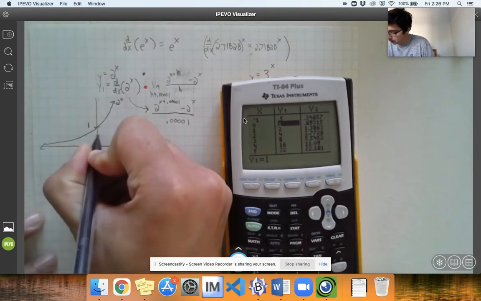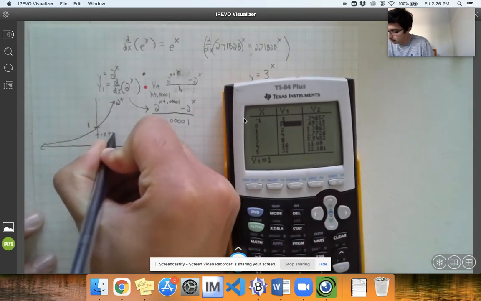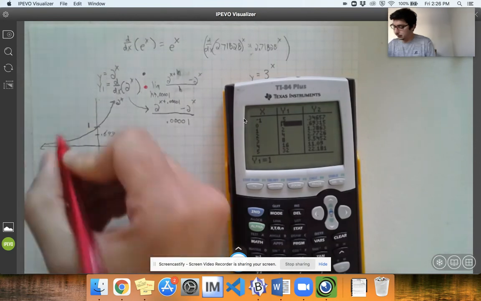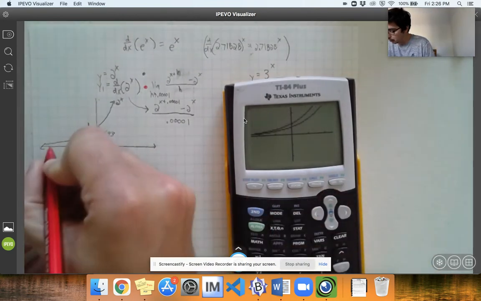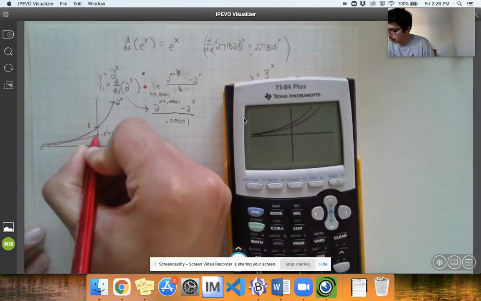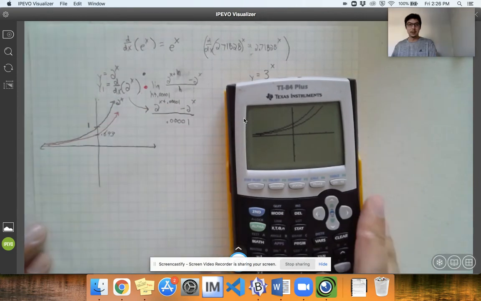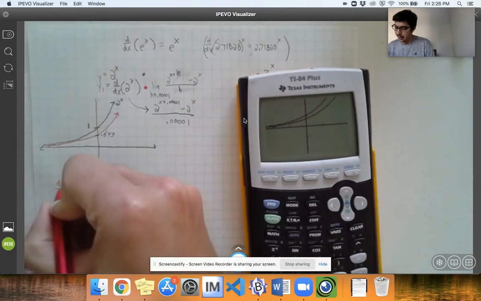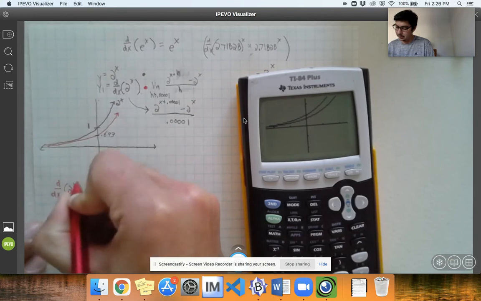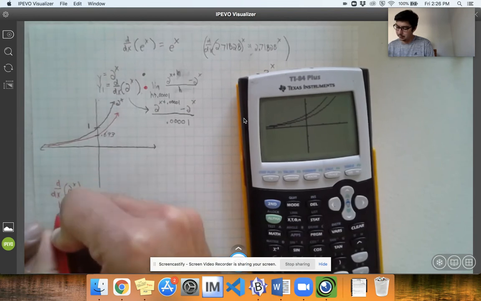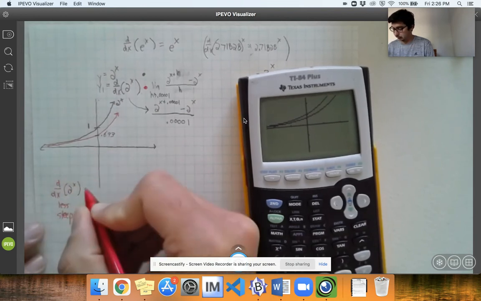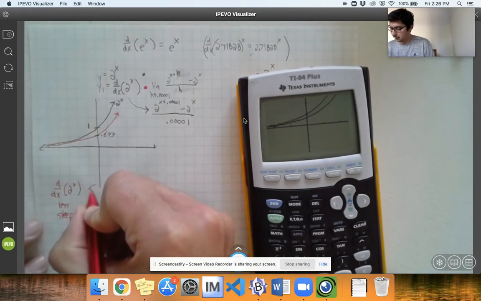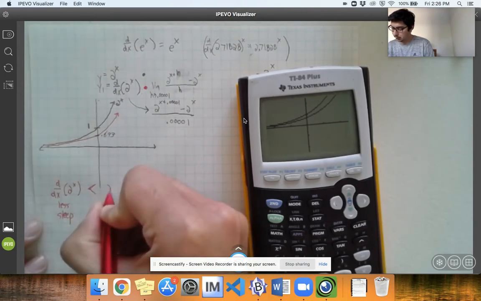So that's roughly here at 0.693. And you can see that it's growing at a slower rate. So you can say that the graph of d dx of 2 to the x is less steep, or is less than 2 to the x.